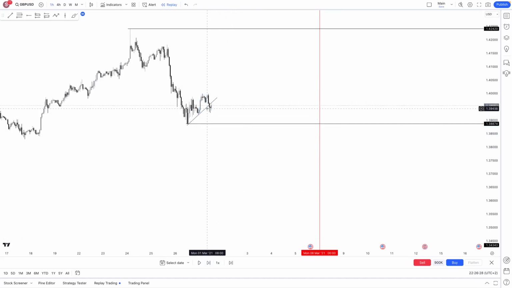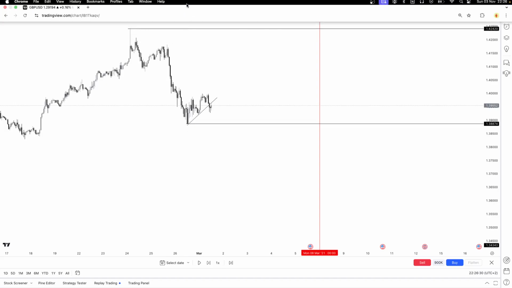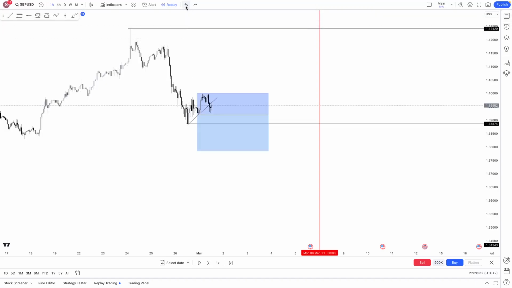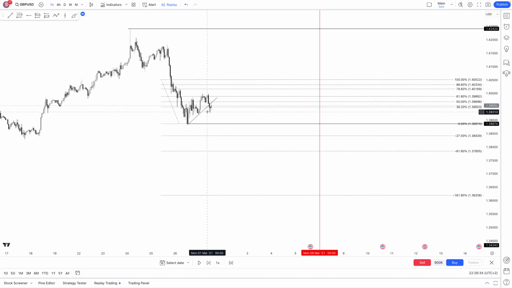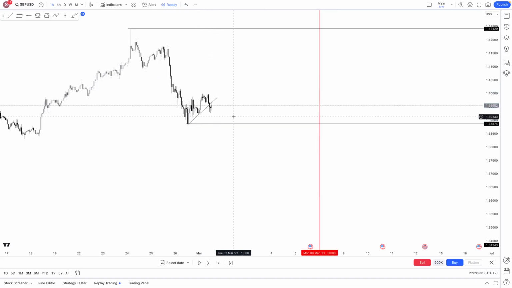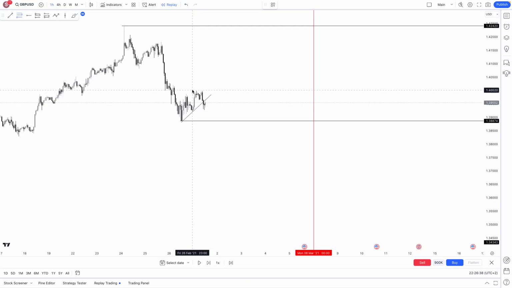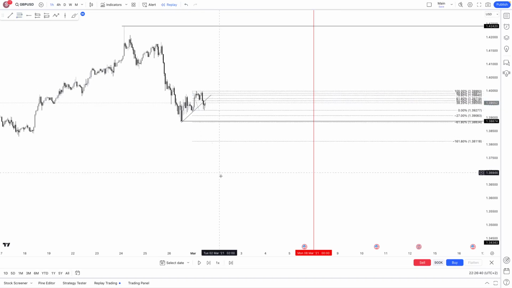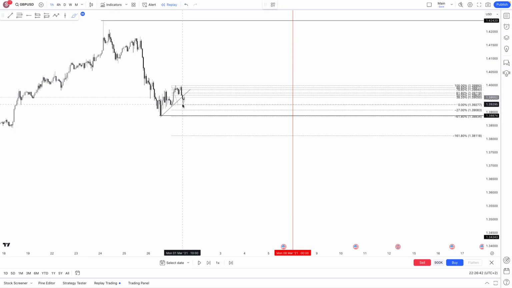Okay, now I'm getting a better entry. So basically price broke out and now it's pulling back, looking for continuation. It's also possible that this will push higher, making something like this before we continue pushing to the downside.